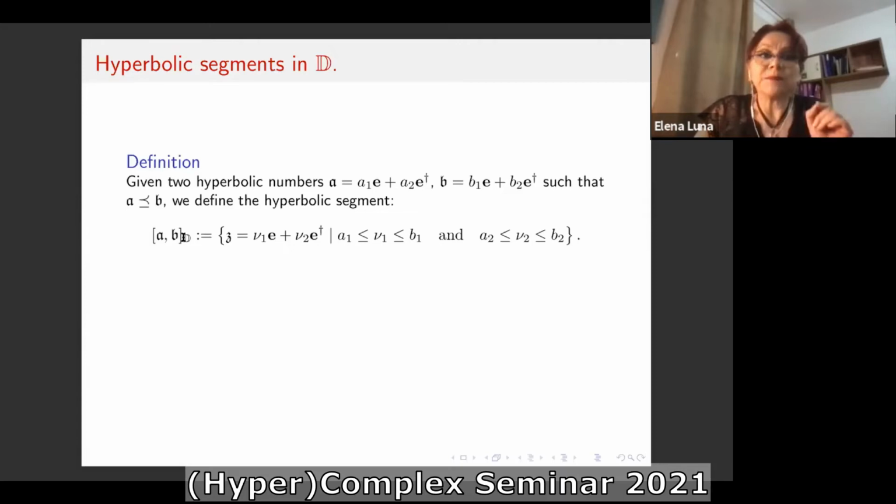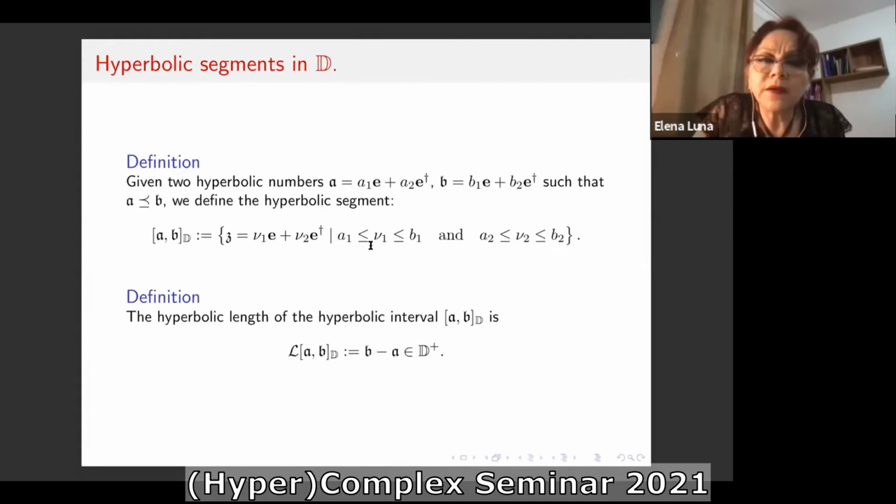Then the hyperbolic interval is the set of all hyperbolic numbers whose idempotent components satisfy these inequalities: nu one is between A1 and B1, and nu two is between A2 and B2.